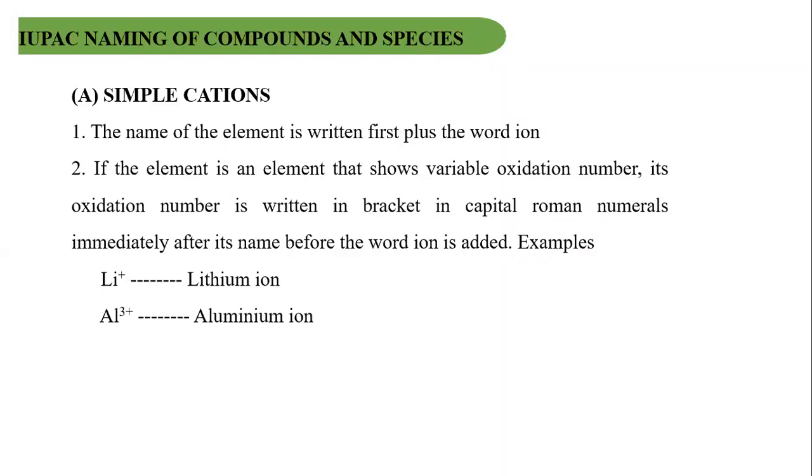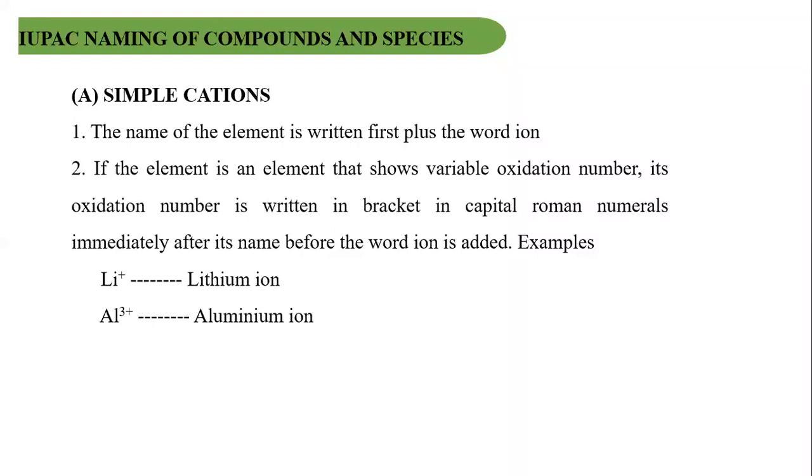Let me give you an example. The element iron alone has two oxidation states. In some compounds, iron is +2, it has a charge or oxidation state of +2. In other compounds, it has an oxidation state of +3. Copper is another example. In some compounds, copper has an oxidation number of +1.